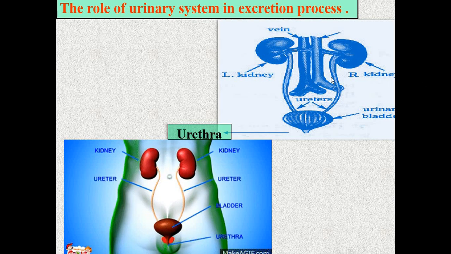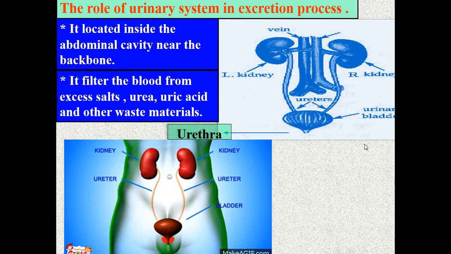Again, we have 2 kidneys and these long tubes, 2 ureters, connected with a sac or a bag or a balloon called the urinary bladder, and at the end there is a urethra. Of course, we also find veins and arteries.